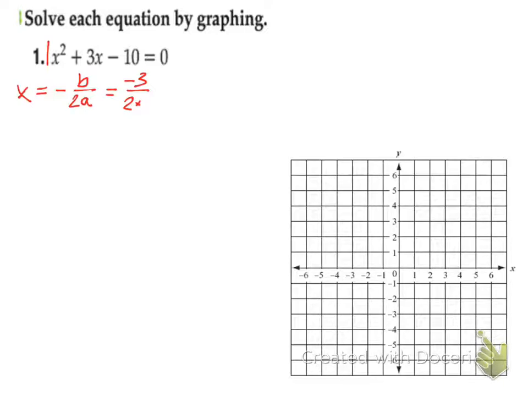So I'm multiplying by 1. So my axis of symmetry is negative 3 halves. What does that equal? Well, it's negative 1.5. So on my graph, my dotted line is going right in between negative 1 and negative 2.